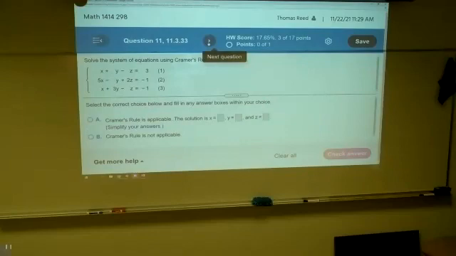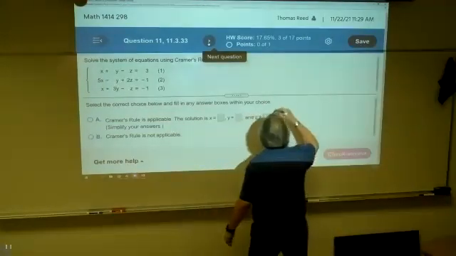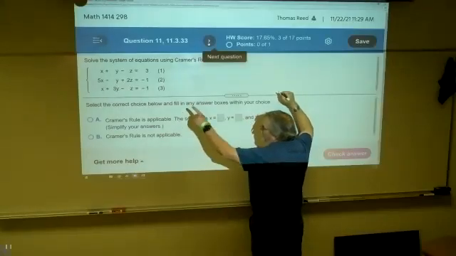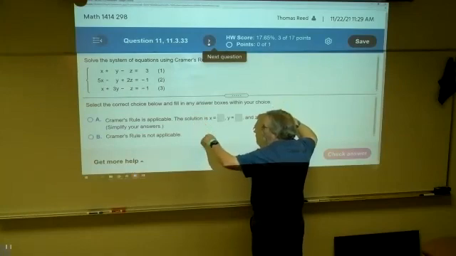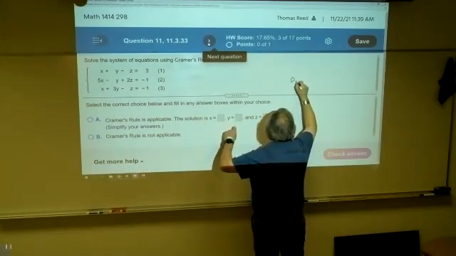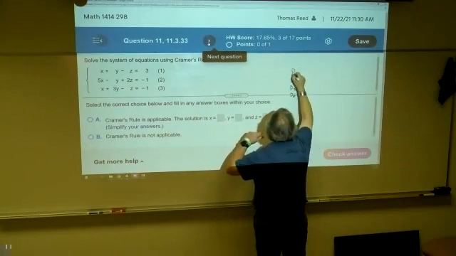So this is a case of what are those 3 matrices? I mean, what are those 3 determinants? Actually, you have 4 determinants because you have 3 unknowns. So you're going to find the d sub x, the d sub y, and the d sub z, as well as the d.